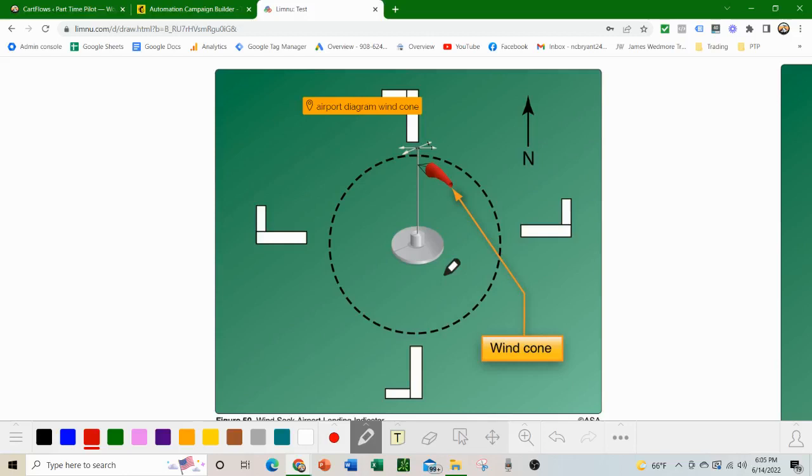They're not telling you all that stuff, so you've got to figure it out on your own. Every airport should have a windsock or some sort of wind device that turns with the wind and allows you, when you fly over it, to determine which direction the wind is at on the ground by the runway.